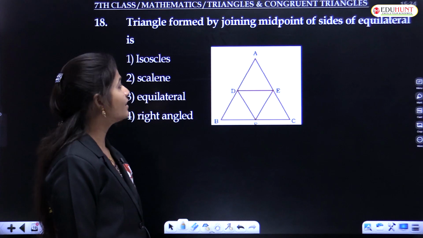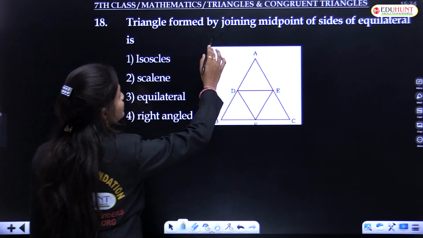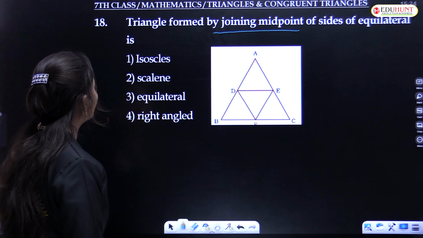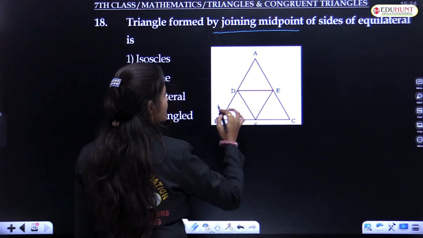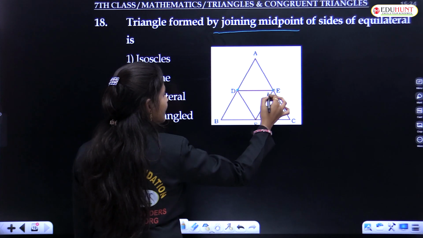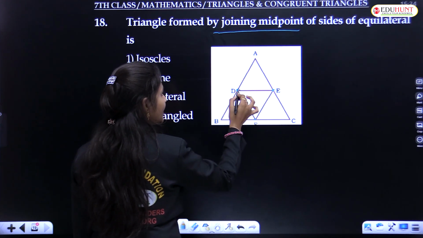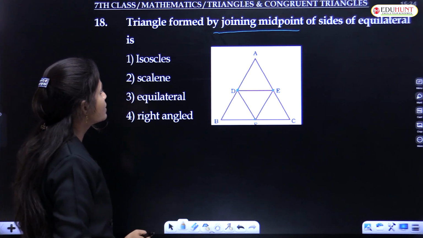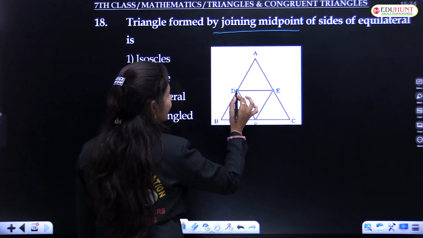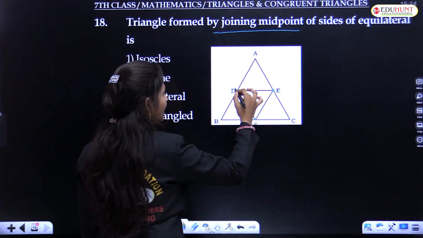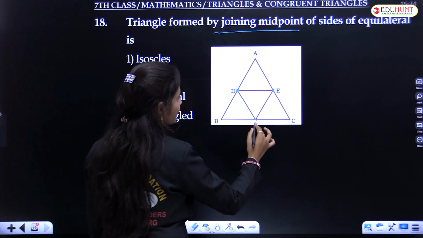So children, see here, the triangle formed by joining the midpoints of the sides of an equilateral triangle. So this is that equilateral triangle, no? And midpoints means these points, each midpoint divides that side into two equal parts. So here we can say AD is equal to DE, and in the same way BD and DF also.